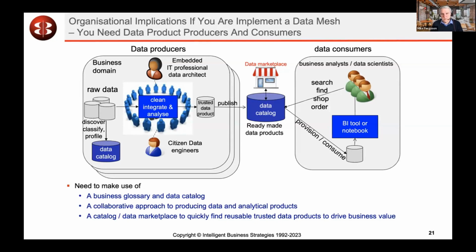And then people can shop for data that they can consume and use. Of course, it may be the case that at some point a data consumer becomes a data producer. But generally speaking, there are people producing data products and people consuming them.